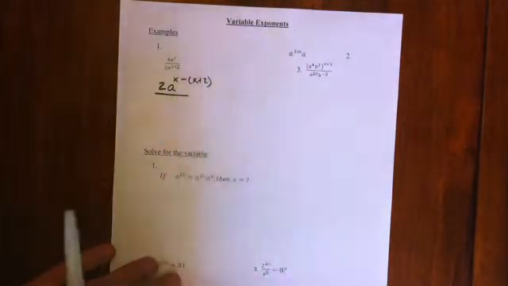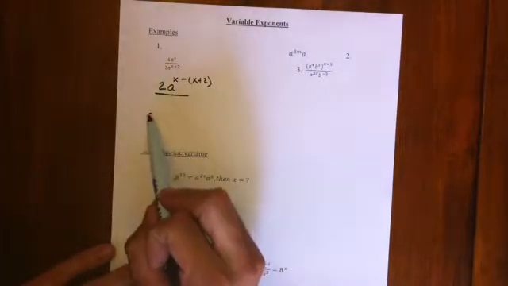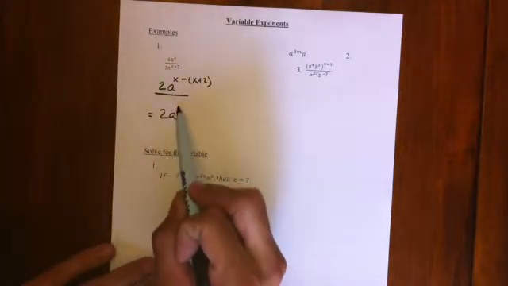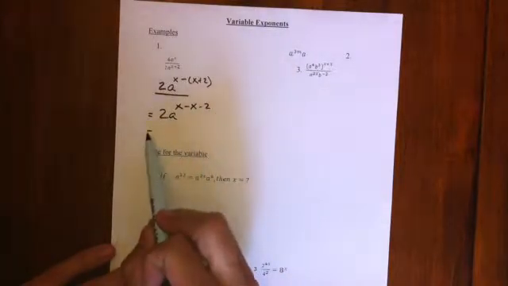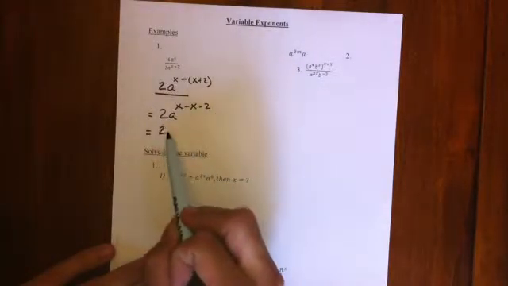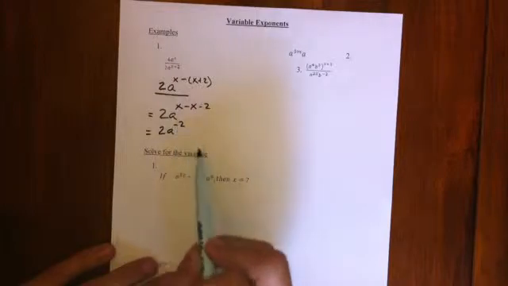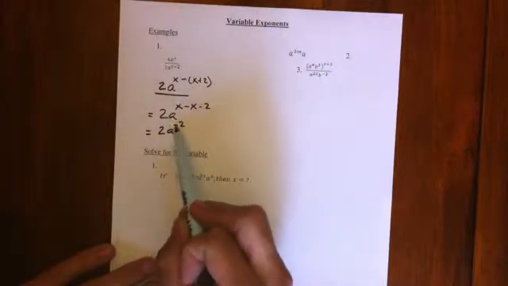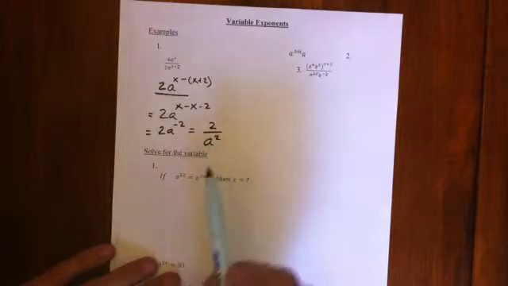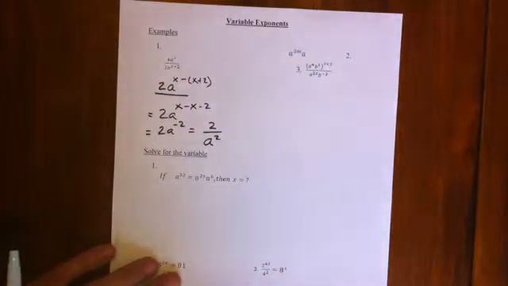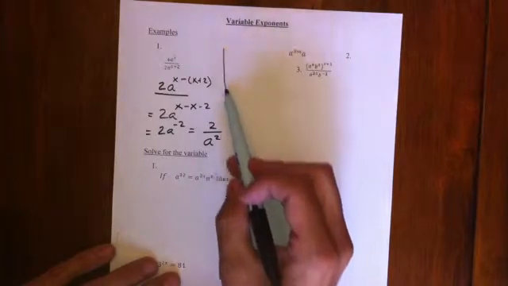And then we have nothing left on the bottom there. So it becomes 2a to the x minus x minus 2. Now the x is obviously canceled, and you get 2a to the negative 2. And now you have a negative exponent right there, so it becomes 2 over a squared. And there you go.